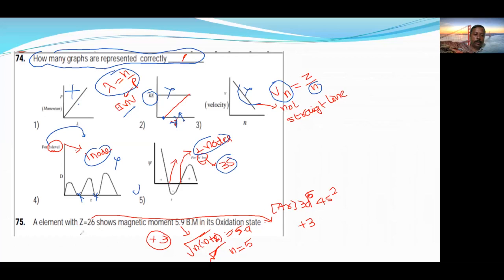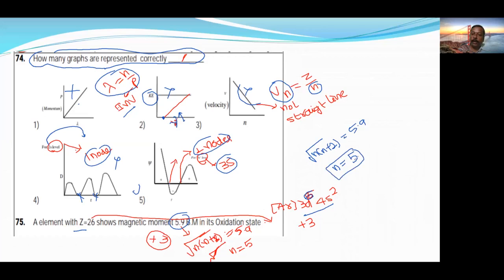Okay. Then Z is equal to 26. That means iron atomic number. Its electronic configuration will be 4s2 3d6. And here the magnetic moment is root 5.9, so n into n plus 2 is equal to 5.9. Therefore, on squaring both sides and comparing, the n value will be 5.